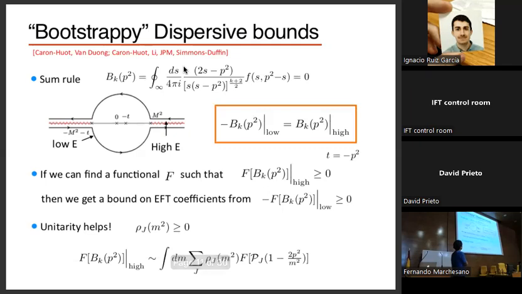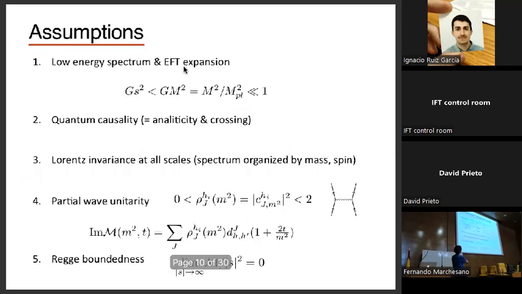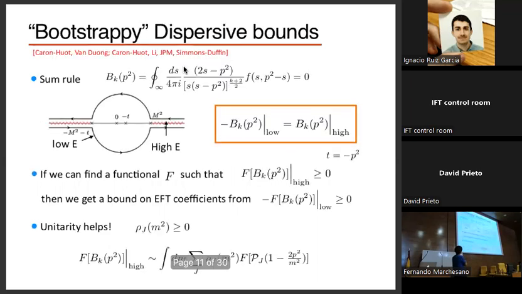And based on these assumptions, we can write a family of dispersion relations, which again is some arc at infinity that is 0. And it needs a certain number of subtractions based on how fast the amplitude grows at infinity. So it only grows slightly slower than s squared. And then we have a relation between the low energy part, which is this arc, and the high energy part, which is an integral over a cut.